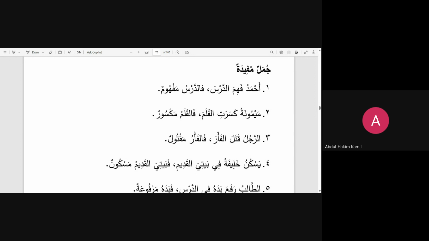We have the fa and the ain and the lam. Maf'ul. Mafhum. You have the fa and the ain and the lam. The fa and the ain and the lam is from the verb. The meem is extra and the waw is extra. Just like when you say fa'il, the aleph is extra. Okay, let's look at these sentences real quick.